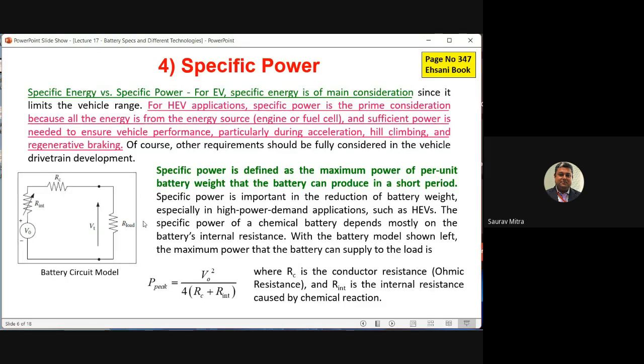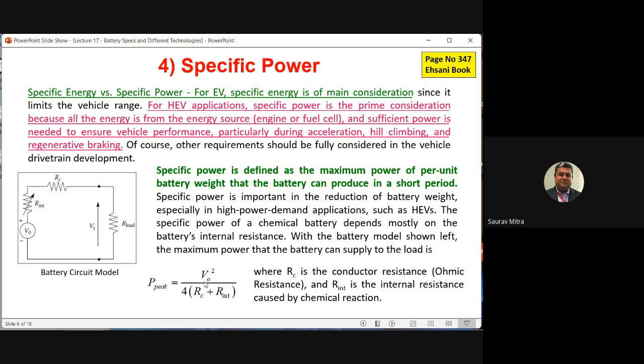This we know. So if R load is equal to RC plus R int, then maximum power will be transferred from the source to the load. And what is the formula for maximum power transfer? That is nothing but P peak is equal to VO, the supply voltage, divided by either load resistance or R int plus RC. We know this condition, that for maximum power transfer, R load should be equal to R int plus RC.